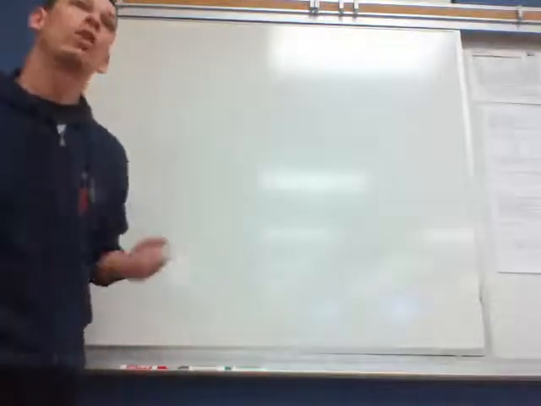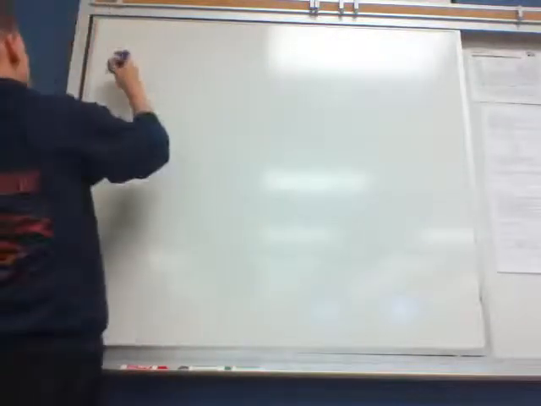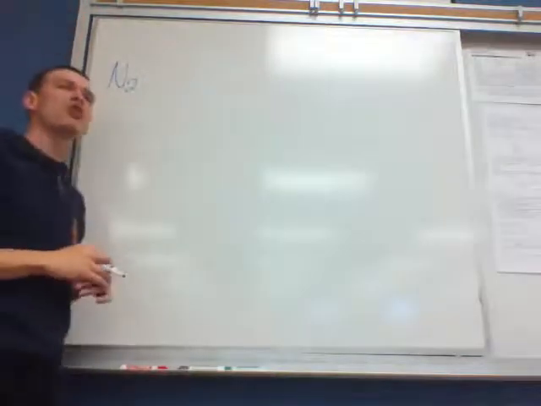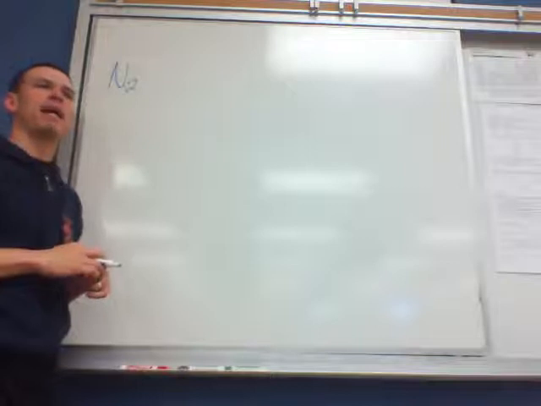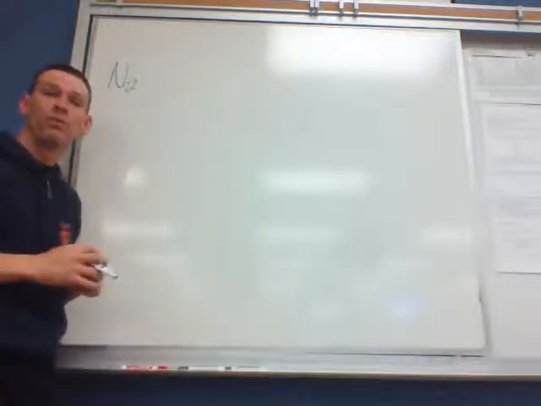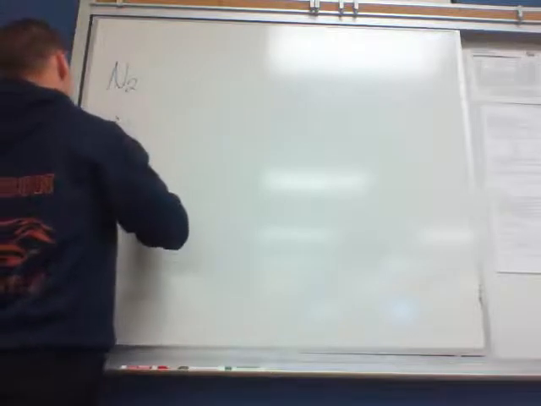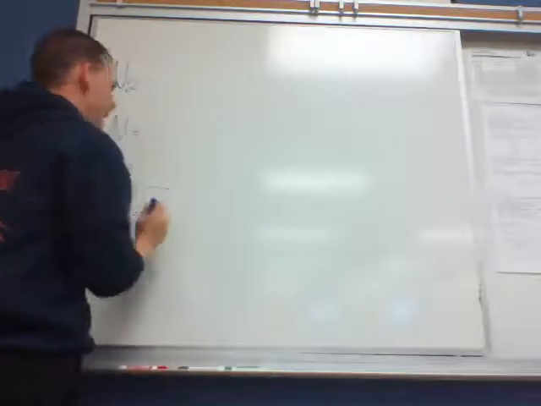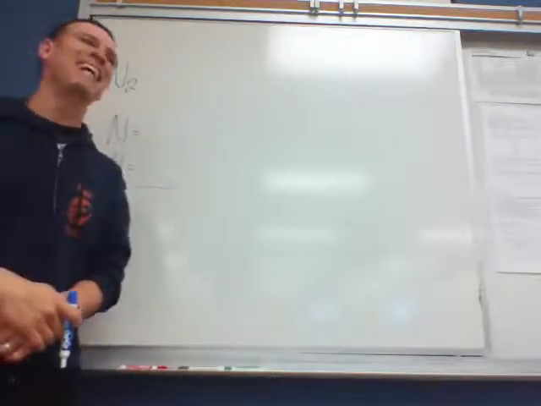So I'll work through this one with you quickly, but nitrogen's even more interesting. Nitrogen is diatomic. He cannot exist by himself, so he's N2. If I make my list, nitrogen is in group 15.